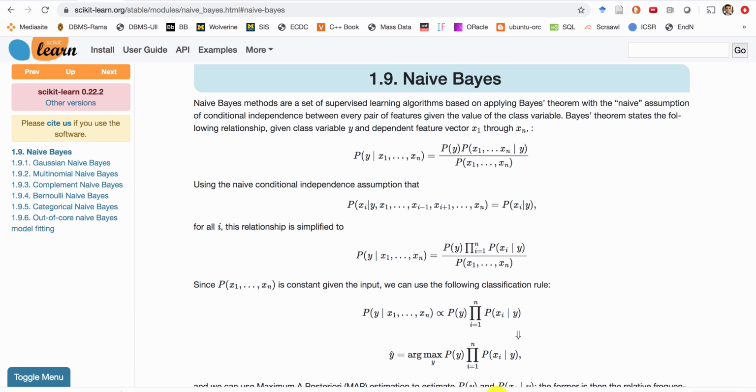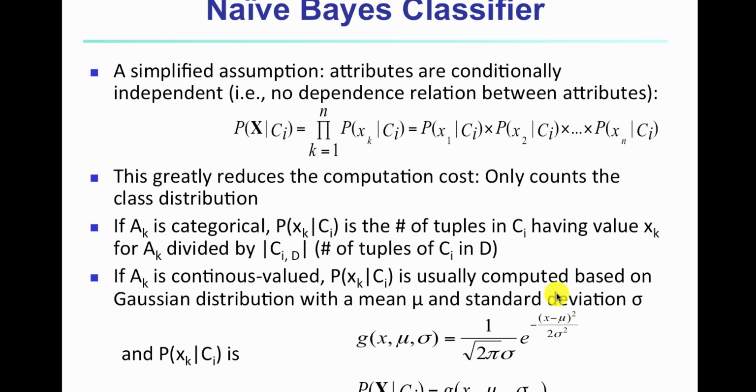So that's why we need to go back and check the probability distribution, which is assumed to be a Gaussian distribution. Okay, so I'm gonna use this model with the assumption that my column, my attribute, is normally distributed.